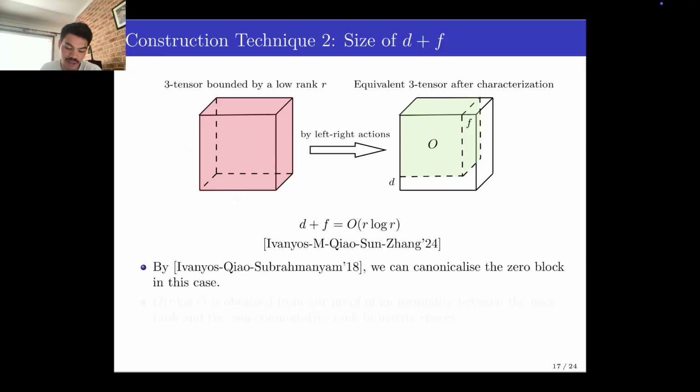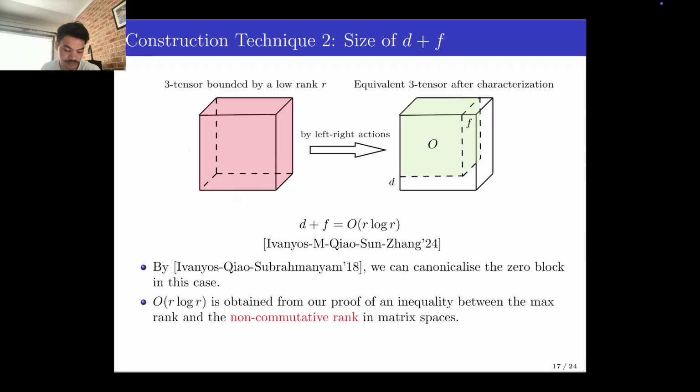We can also canonicalize this structure efficiently due to Grochow-Qiao and Subramanian. And the key technique that we use to get this canonical structure relies on the idea of non-commutative rank.